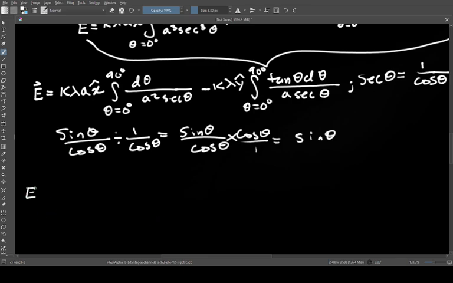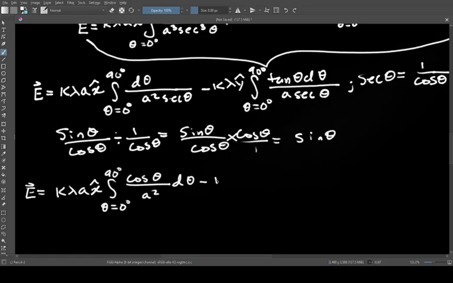and say E is equal to K lambda A x hat times the integral from theta equals 0 degrees to 90 degrees of cosine of theta over A squared d theta, minus K lambda y hat times the integral from theta equals 0 degrees to 90 degrees of sine theta over A d theta.